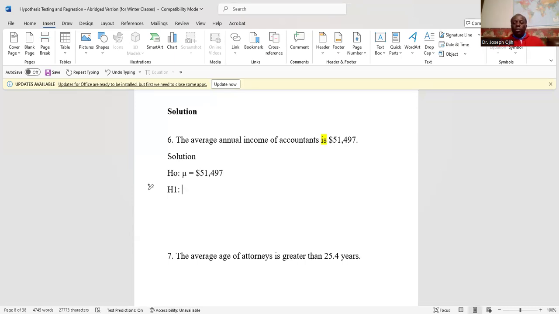Then the alternative will be the opposite: the mean is not equal to 51,497.